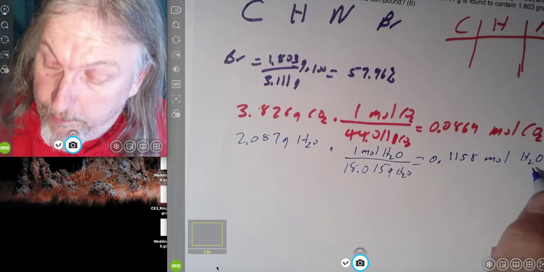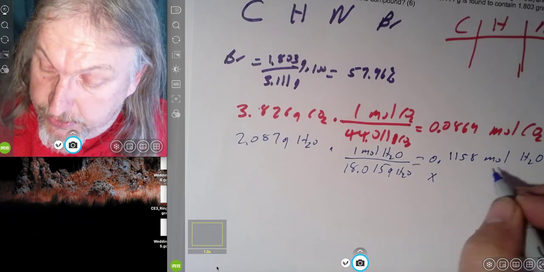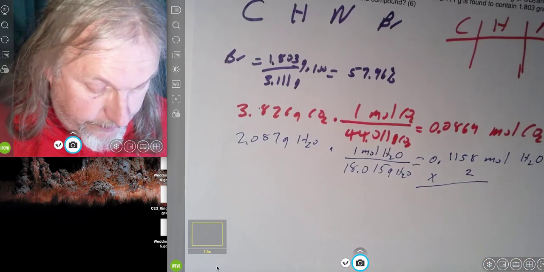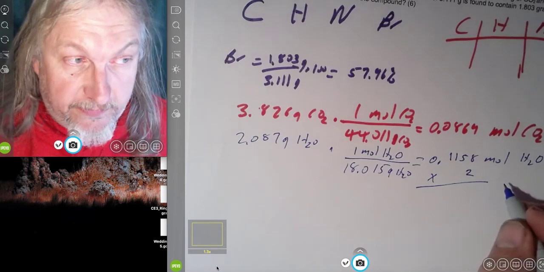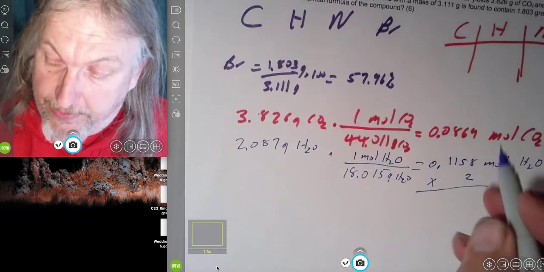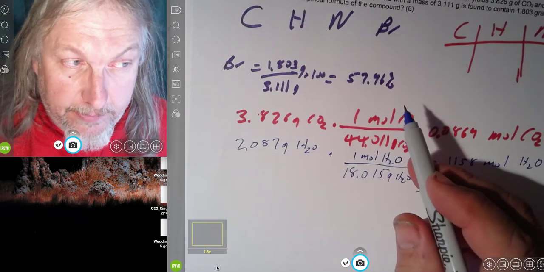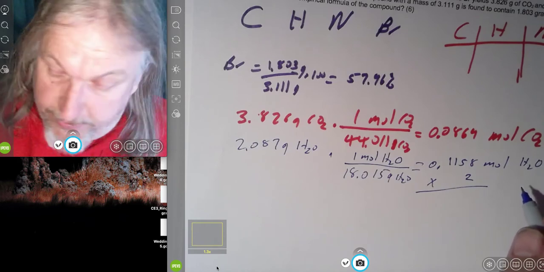For every 1 mole of water, there are 2 moles of hydrogen. So if I multiply the moles of water by 2, that's going to give me the number of moles of hydrogen that came from that compound. Because we know that this compound, burned in oxygen, will give us CO2 and water and other stuff, right?